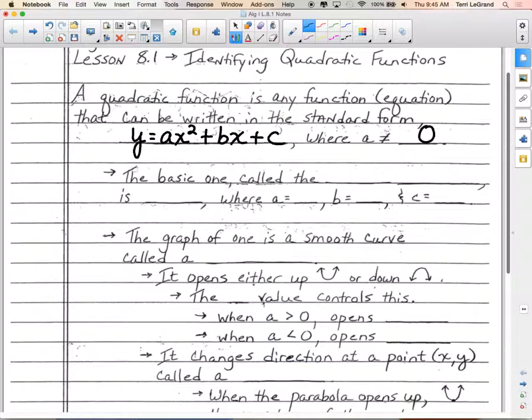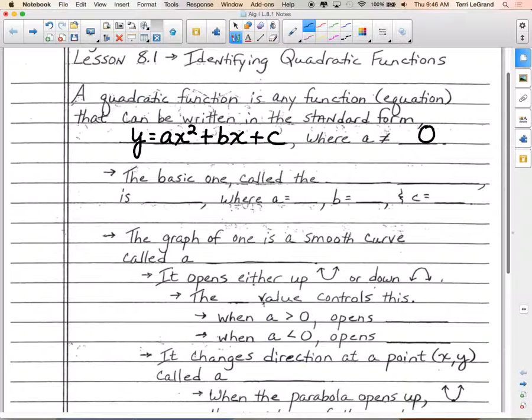Remember when there isn't a constant in front of the x squared term, that means it's a 1x squared. What's the b value? 0. What's the c value? -5. So it has an a value that is not 0, and it has a b value that's 0, but that's okay. It still produced a quadratic graph for us, didn't it? It still created a U-shaped graph.